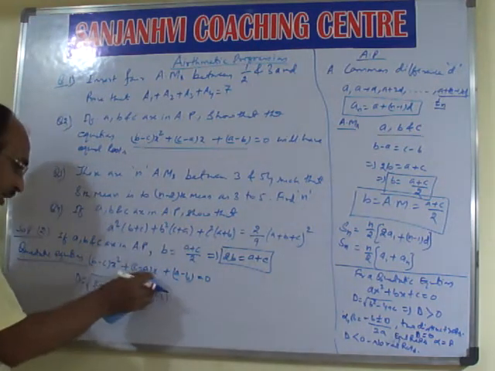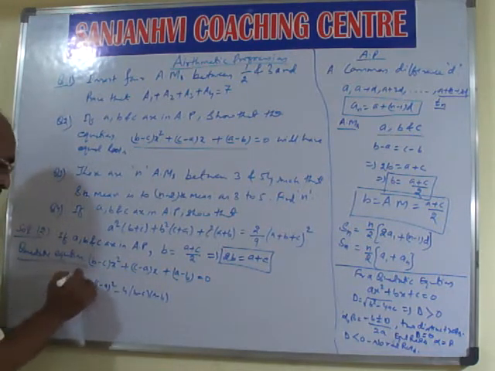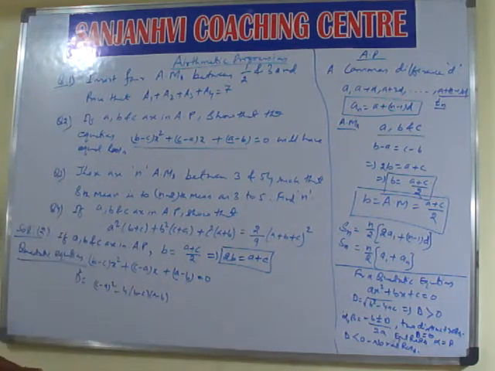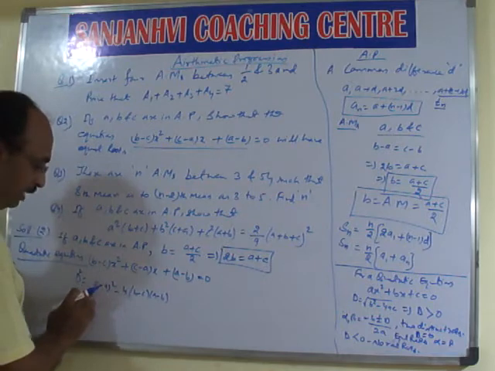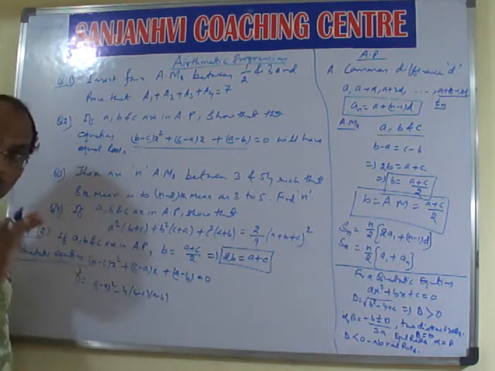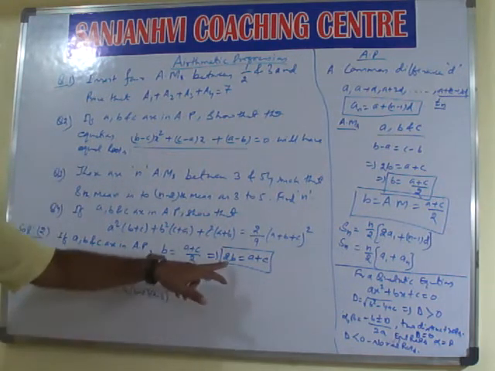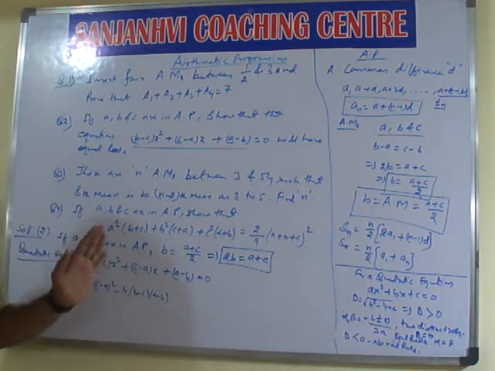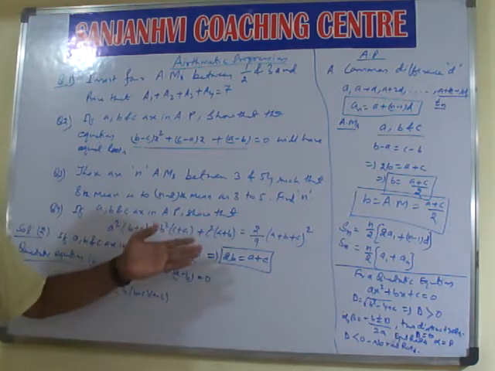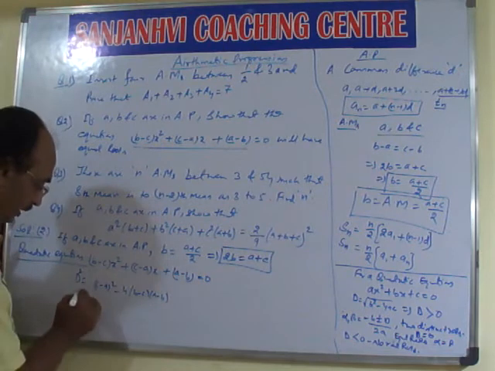For our convenience, every time we are writing root, let me put it as D square. Now this value, c minus a whole square minus 4 into b minus c into a minus b, should be equal to 0. We have to find this by utilizing 2b is equal to a plus c. We should not forget that this 2b is equal to a plus c is given to us to utilize here. Right. Let us solve it now.